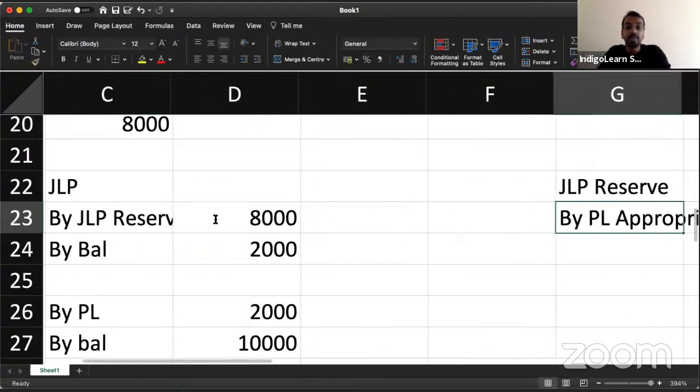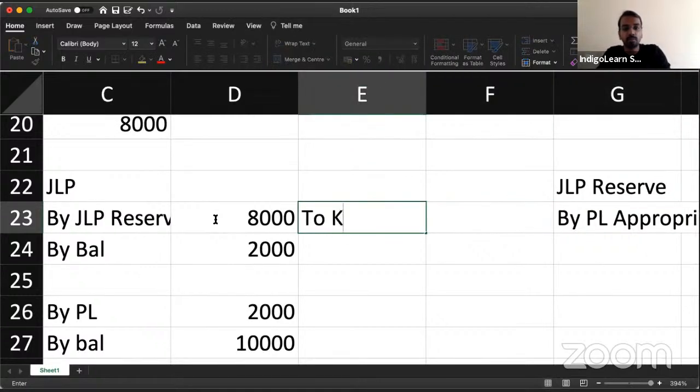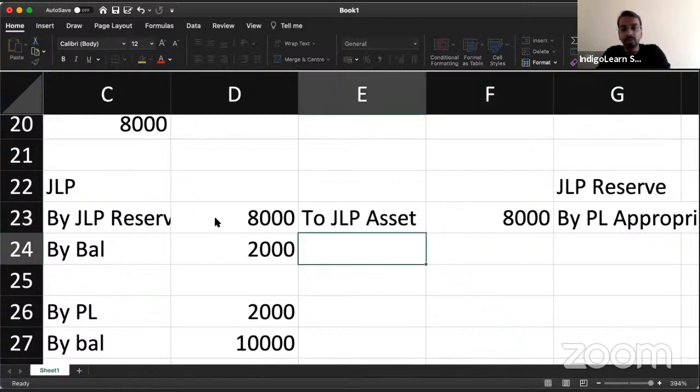And in JLP reserve, you will have an entry to joint life policy asset account 8,000. Now, once you do this, you will have a reserve of 2,000 and an asset of 2,000. Both of these will be carried at surrender value. And when the policy gets matured, whatever is the amount in the reserve account, that you transfer to the JLP asset account, and whatever is the balance left out in the JLP asset account, you will transfer to the partners in their profit sharing ratio.